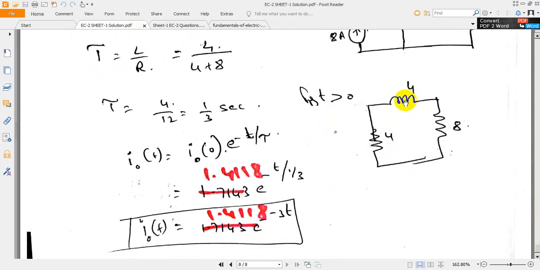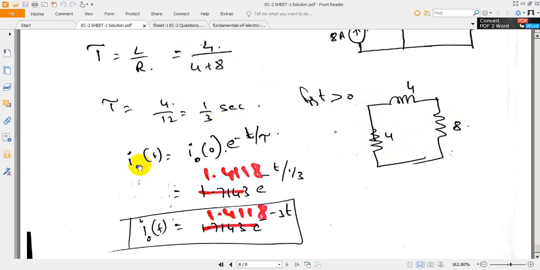Under this condition, the current flowing through this, I naught of t, will be equal to I naught e power minus t by tau. I naught has been already calculated, we need to calculate tau. For an RL free circuit, tau is equal to L by R. Substitute L is equal to 4, divided by R, the total resistance across this inductance. 4 plus 8, both are in series, hence it will be 4 by 12, which is equal to 1 by 3 seconds.